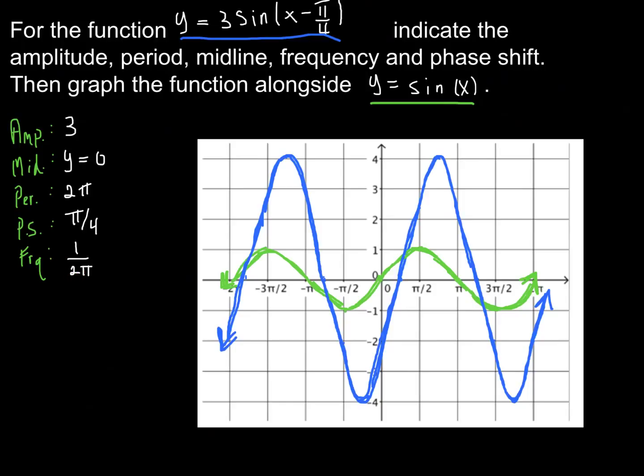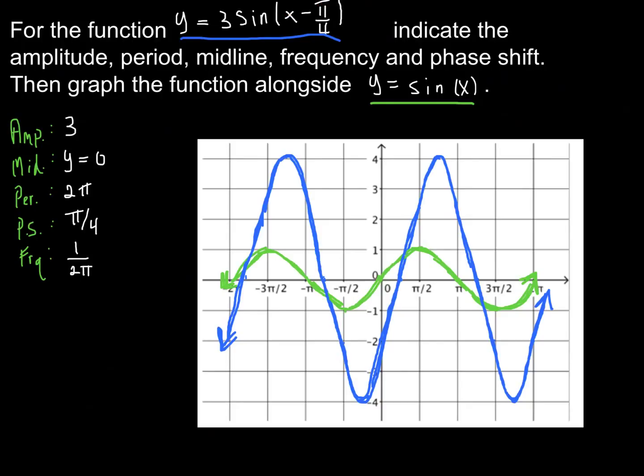The frequency: how many full cycles do I go through every 1 unit? Well, that's 1 divided by 2 pi, because the B value is 1 here. So 1 out of 2 pi every unit. Right, then I graphed sine of x, and you can see sine of x compared to 3 sine of x minus pi over 4.